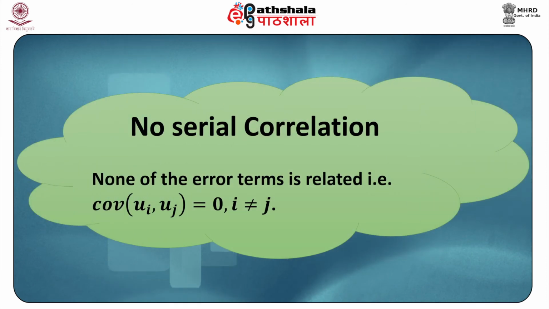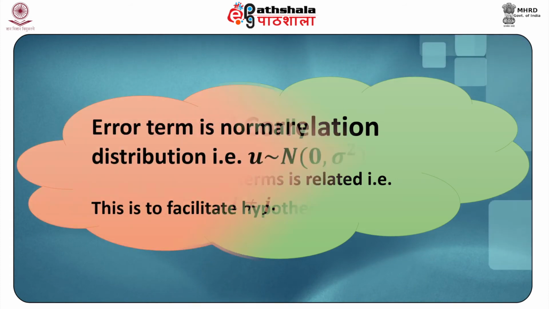We have another important assumption, assumption 6 of no serial correlation. None of the error terms is related, that is, we say in this no serial correlation that covariance between mu i and mu j should be equal to 0 for all i not equal to j.